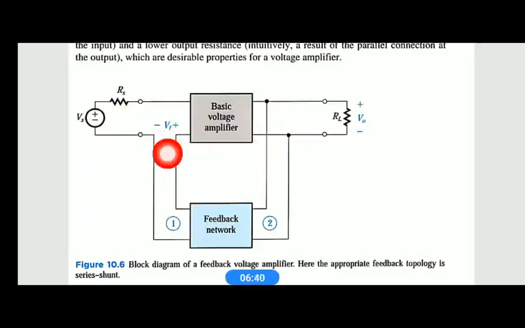Therefore at the input side of this series-shunt topology there is a series connection, so it increases the input resistance with feedback. In a similar fashion, at the output side there is a shunt connection, so it decreases the output resistance. This is what we will learn in later topologies.